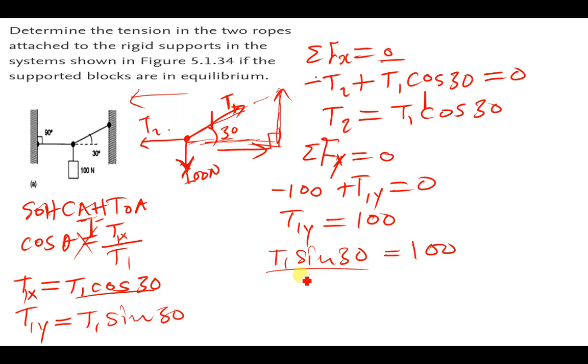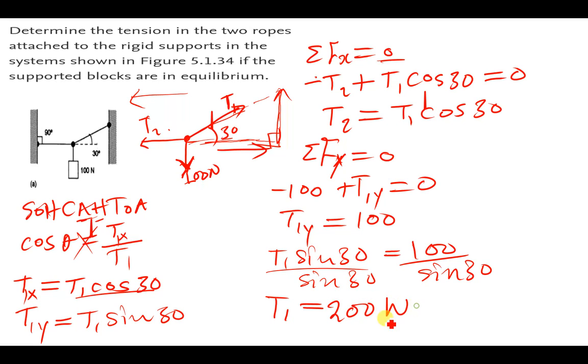When we divide by sine 30 on both sides, T1 will therefore be equal to 100 divided by sine 30. So T1 will be equal to 200 newtons.